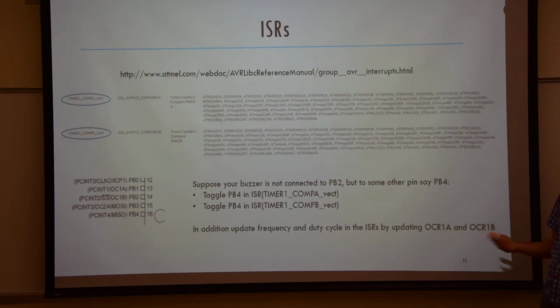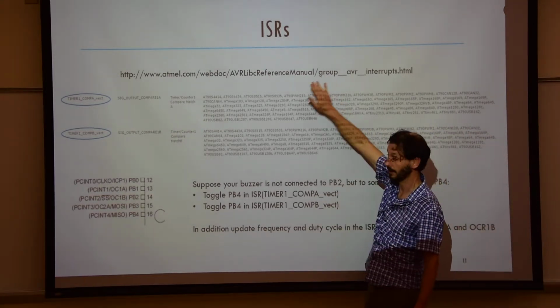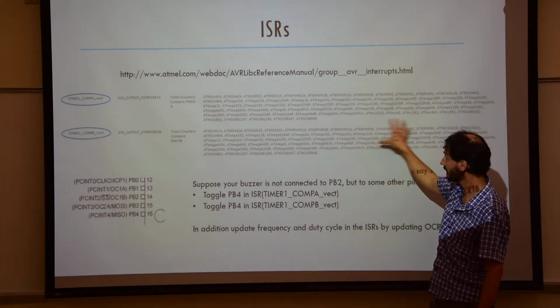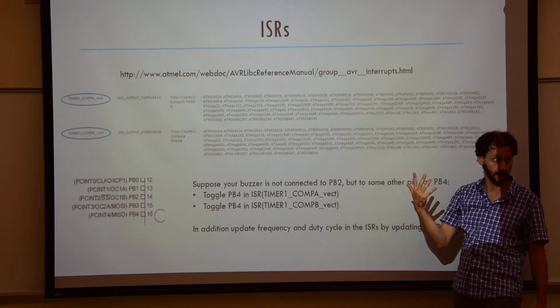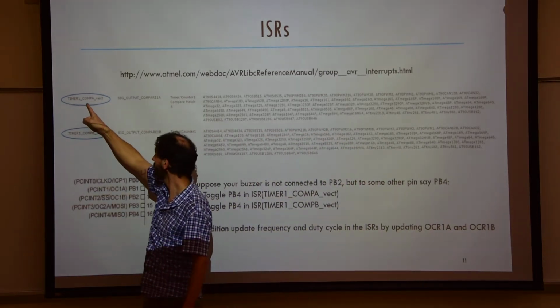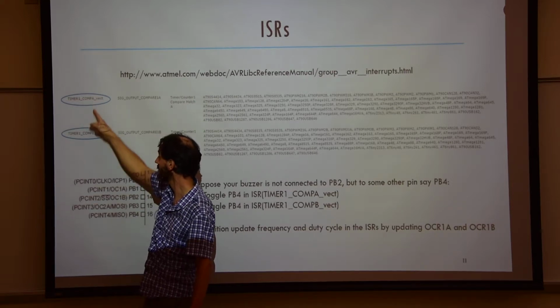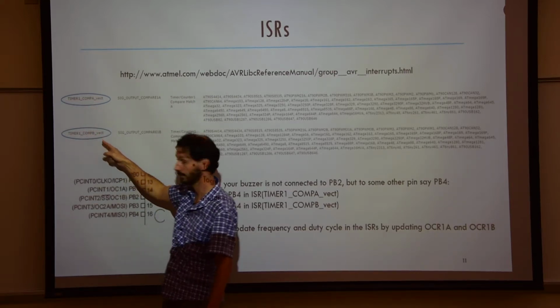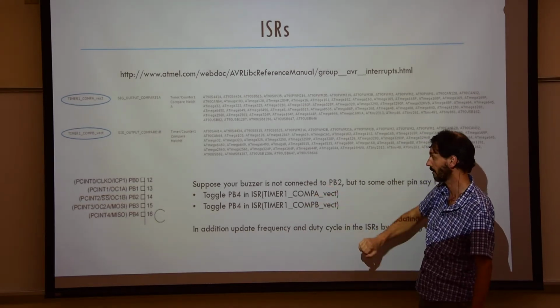Now, what kind of interrupt service routines do you actually need to write? So we go to this particular link, look at this document, look up our own Atmega processor that we use, and we'll figure out that we need to actually program this particular timer 1 compare A vector and timer 1 compare B vector interrupts. So here are the two that we would like to program.